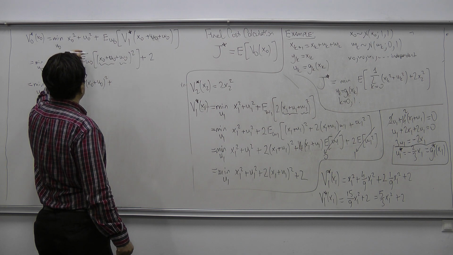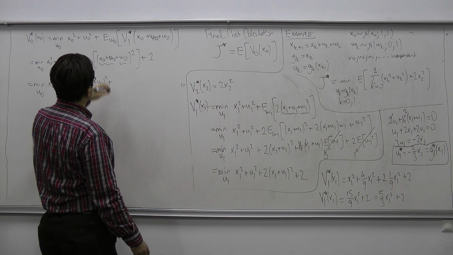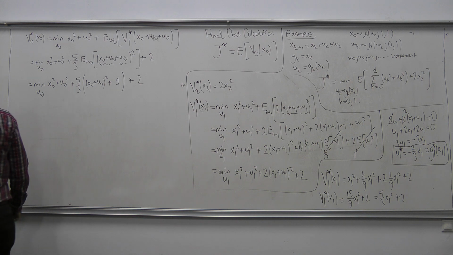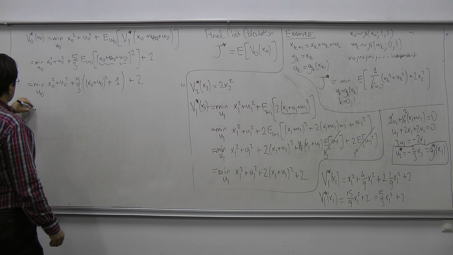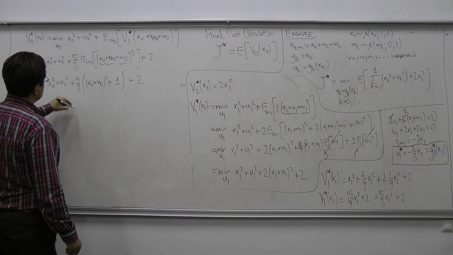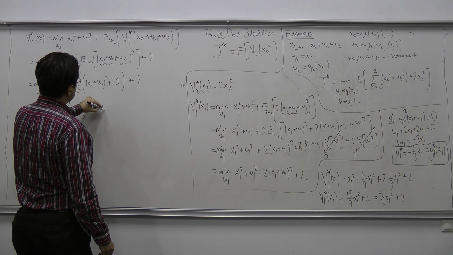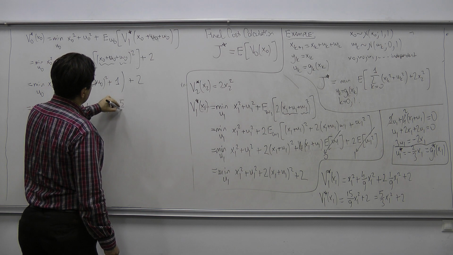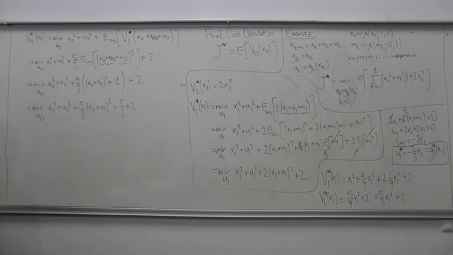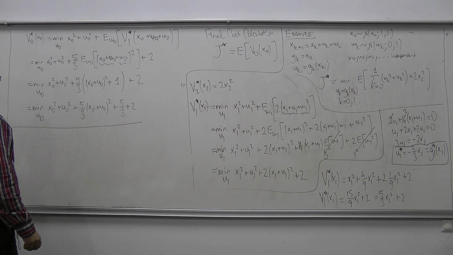Plus, I would have expected value of w0 square, which is the variance of w0, which is 1, plus 2. So I would have minimized with respect to u0, x0 square plus u0 square plus 5/3 x0 plus u0 square plus 5/3 plus 2. All right? So now I'm ready to minimize with respect to u0.